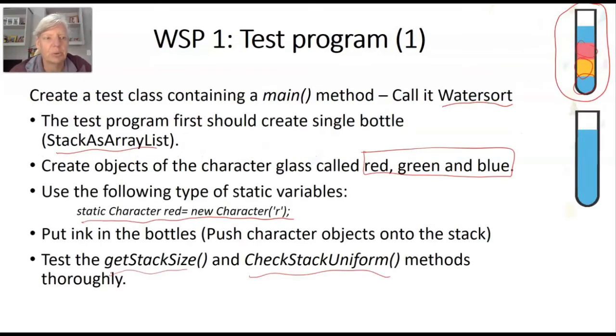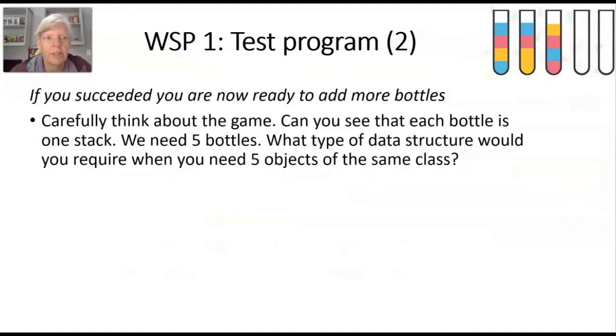Can you see there's one bottle we are working with, and now we are working with 5 bottles. Carefully think about the game. If that is one stack, there's another stack, another stack, another stack, another stack.